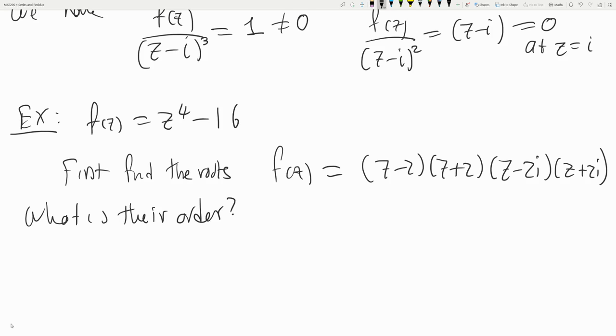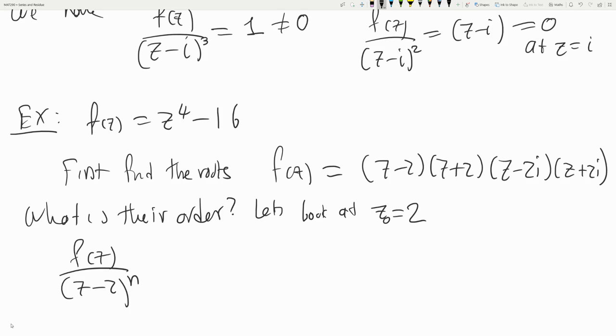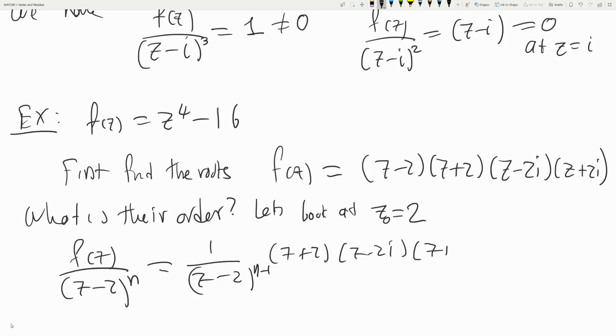Well, let's just look at one of them, since they have the same exponent. Let's say 2. Well, we have f of z over (z minus 2) to the n. That is (z minus 2) to the 1 minus n, and then the other factors.